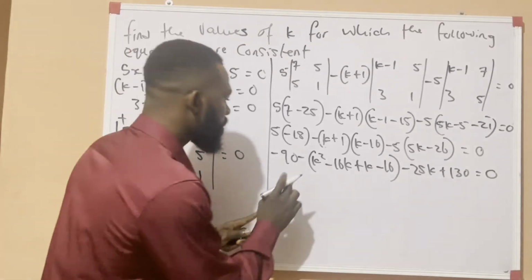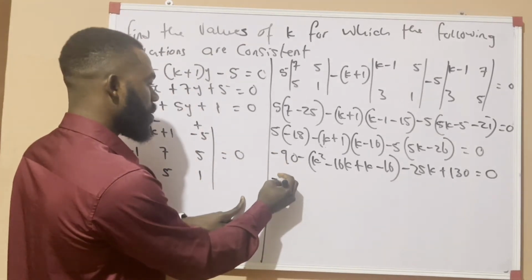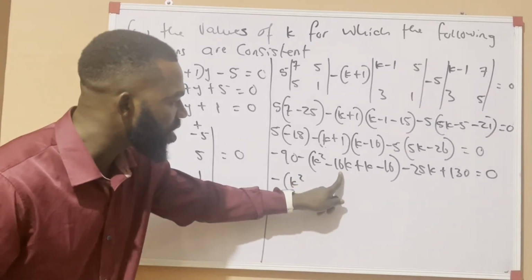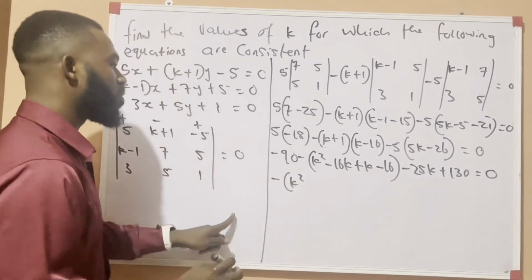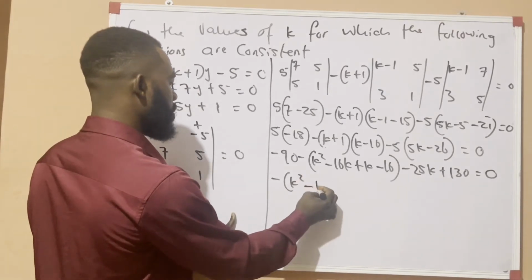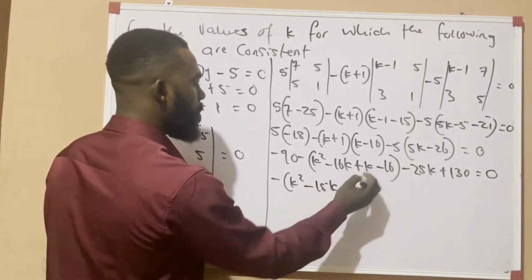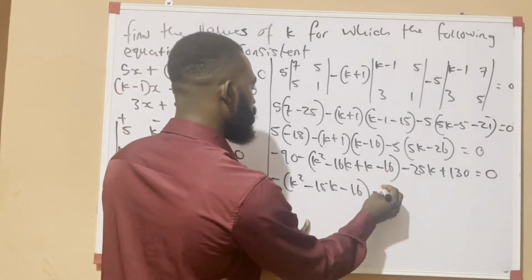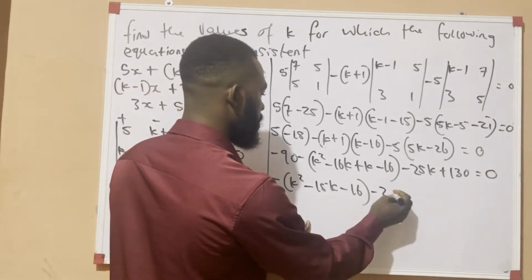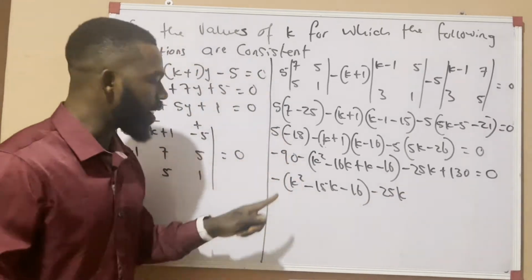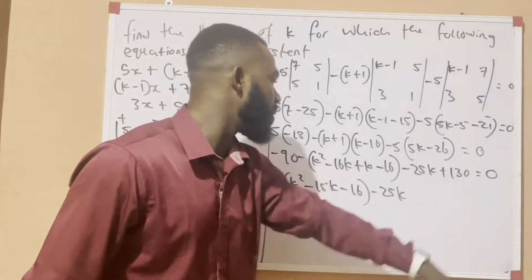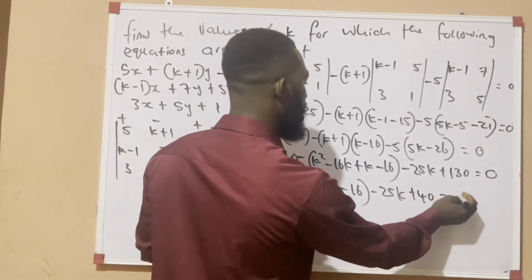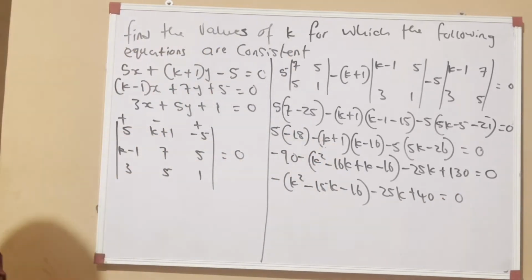So here becomes minus into the bracket of k squared minus 16k plus k will give us minus 15k minus 16, close the bracket, minus 25k. Now we just said that minus 90 plus 130 gives us 40. So we're going to be having plus 40 equal to 0.